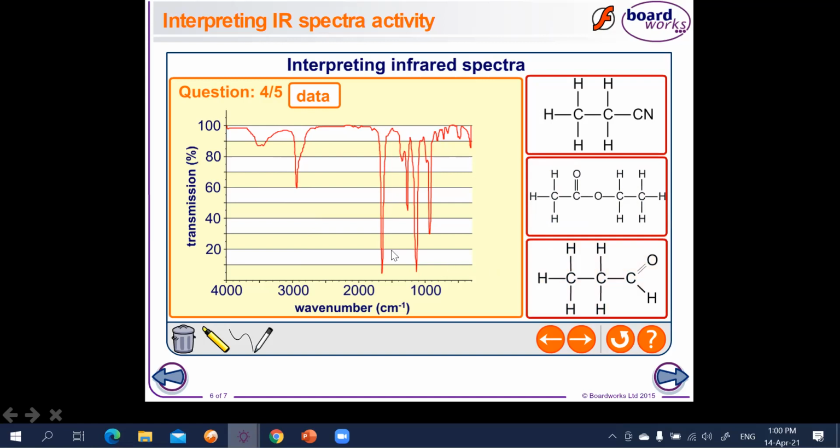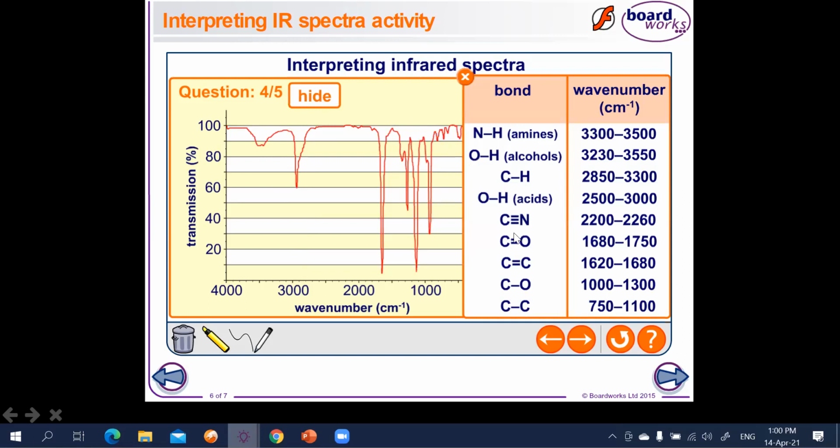So it seems to me that now we have to pay attention to these other peaks. We definitely still have a CO double bond that we've seen many times. Dramatic peak here between 1,500 and 1,700. 1,600 to 1,700 something.